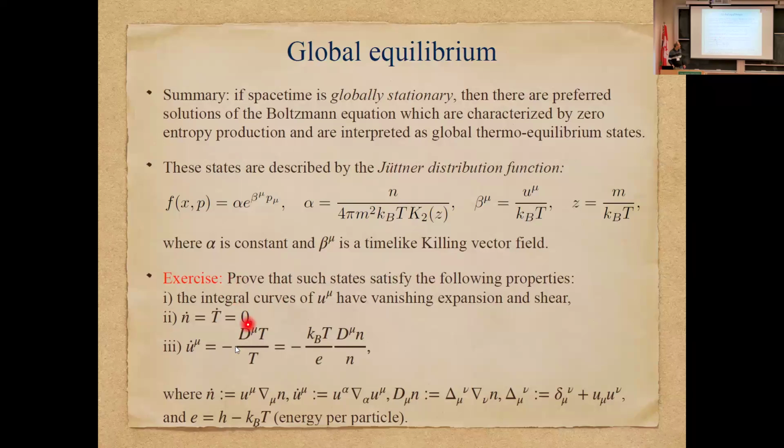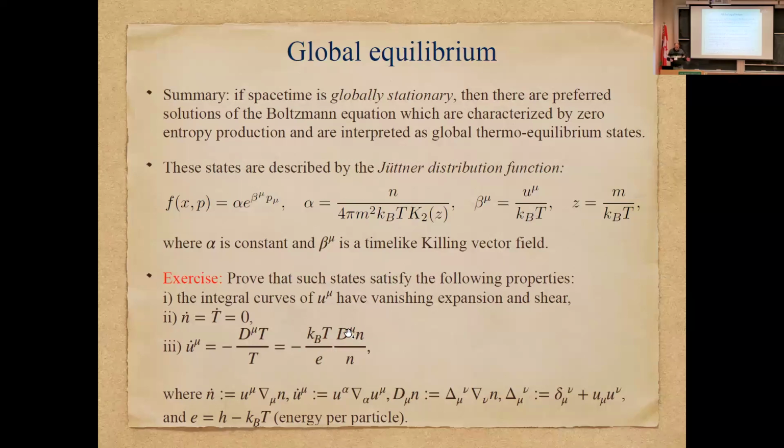If you compute now the derivative of T, this capital D refers to the derivative of n along the direction orthogonal to u. This Delta is an orthogonal projector, the projector orthogonal to u. If you compute those derivatives, they are not necessarily zero. For example, the acceleration of u is tied to minus the spatial gradient of T over T, and this is again related to the gradient of n over n.